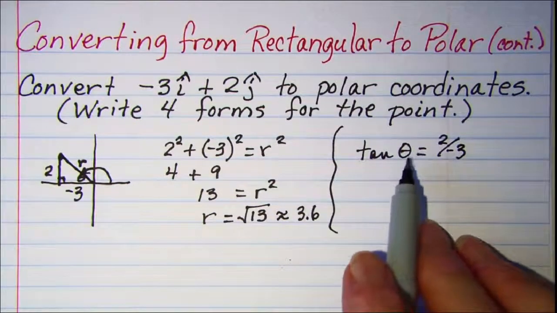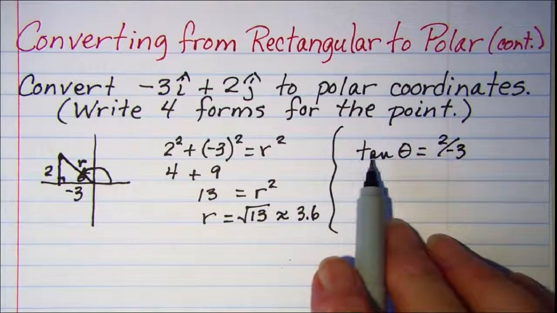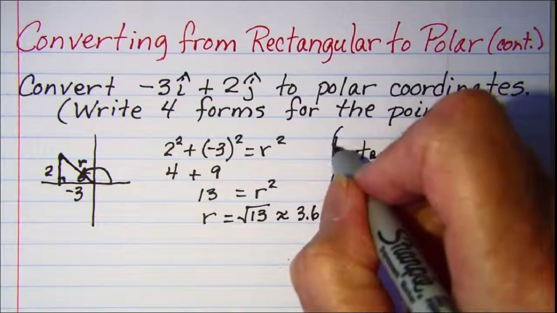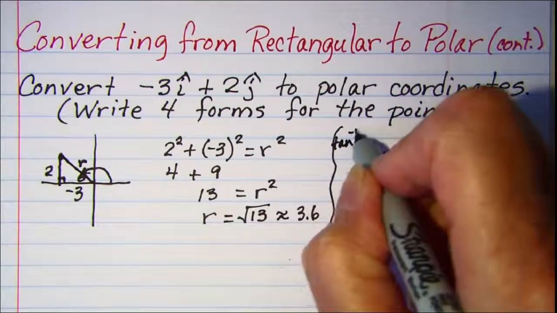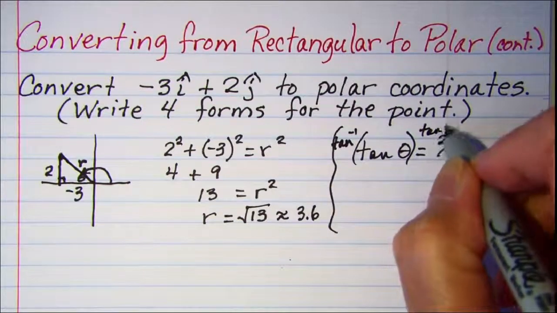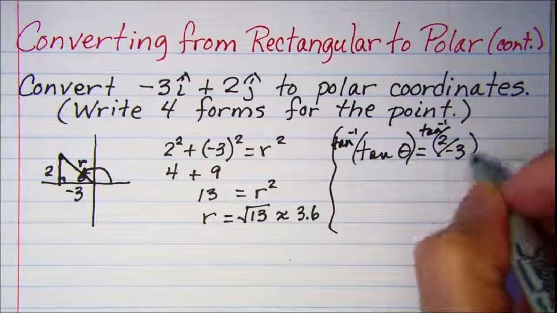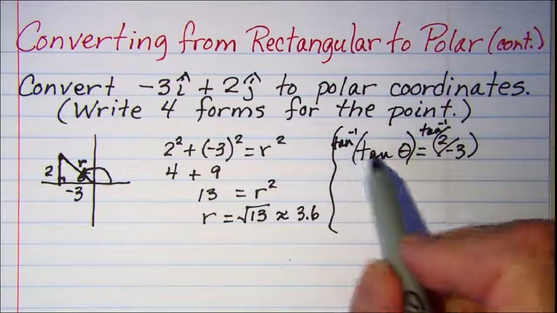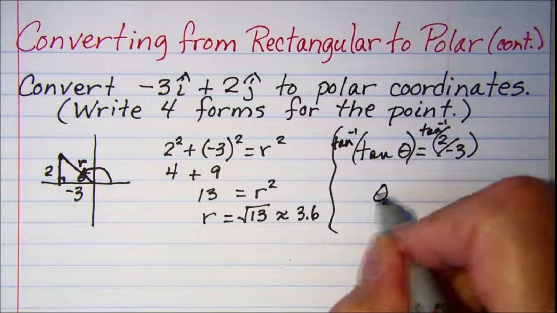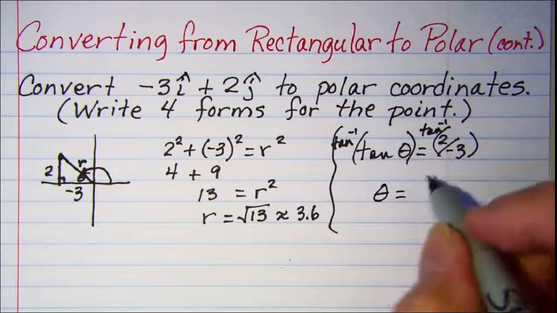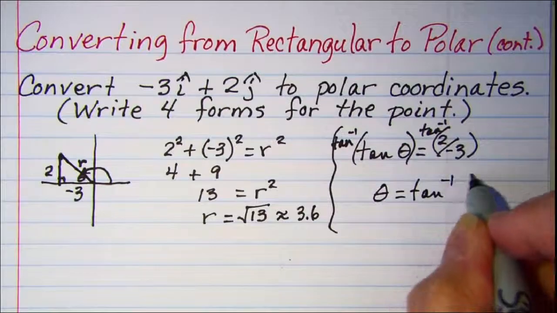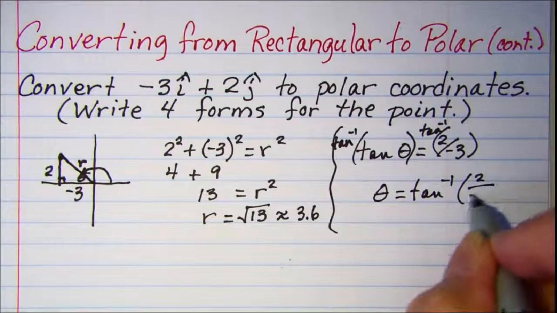We need to isolate theta, so the inverse of the tangent function is arctan, or inverse tangent. So we'll inverse tangent both sides of the equation. Inverse tangent and tangent are inverse operations, so I end up with just theta. And then we have inverse tangent 2 over negative 3.